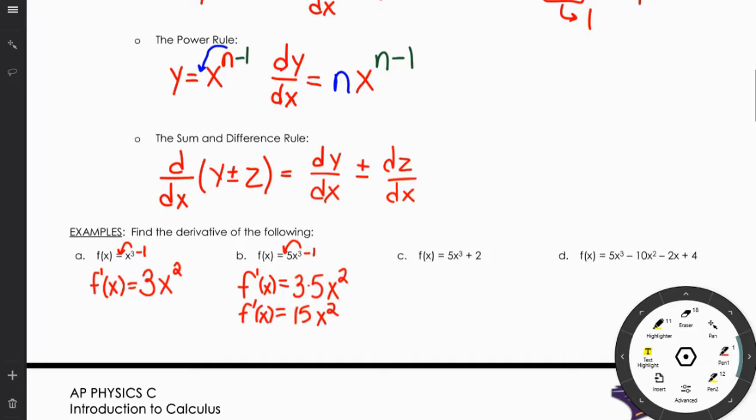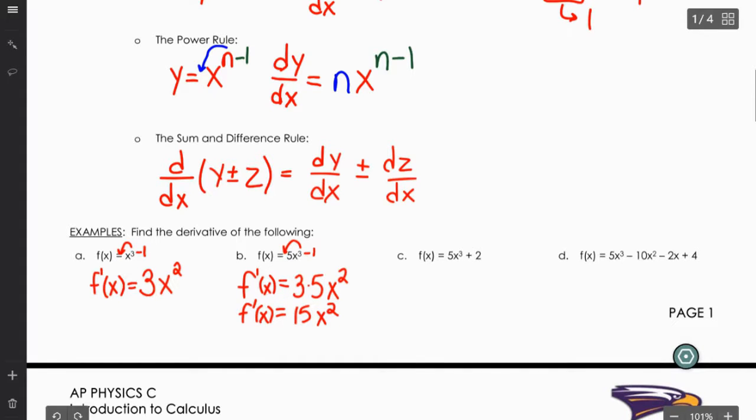Okay, so now here's one that's a little bit more advanced. We've got basically the same as part B, plus something else. So again, follow our rule: bring down our 3, subtract 1. We have a constant, and we know the derivative of a constant is simply 0.